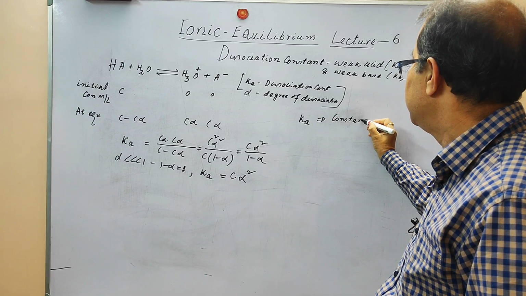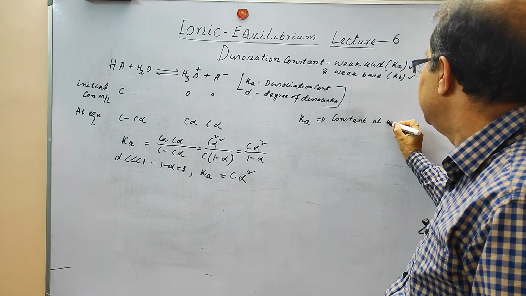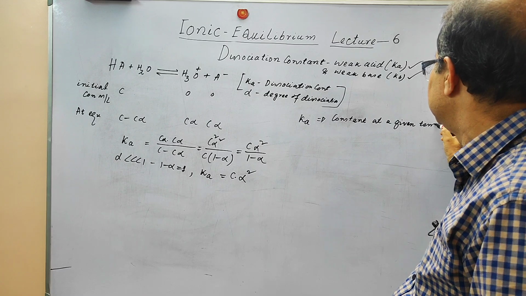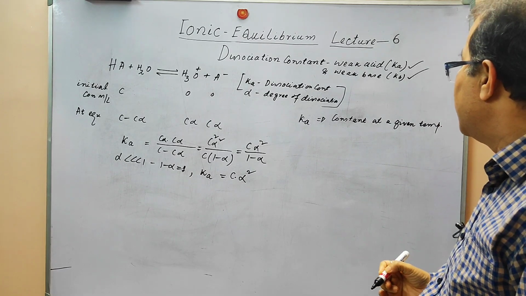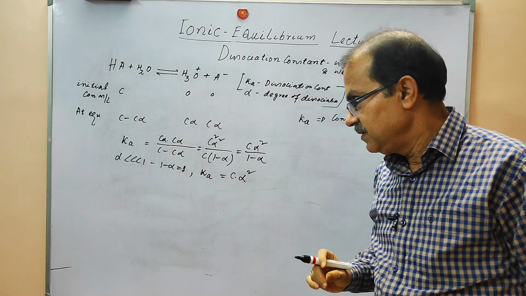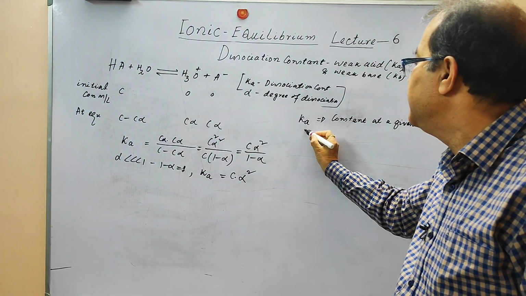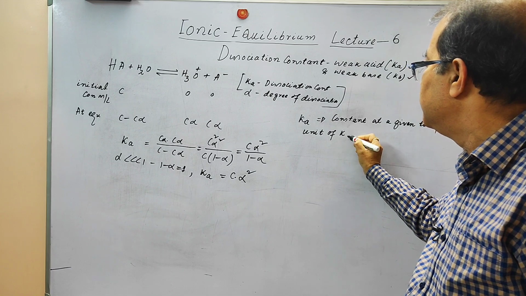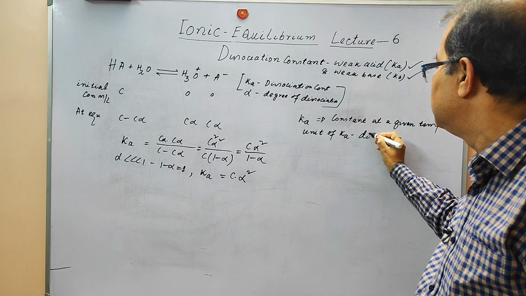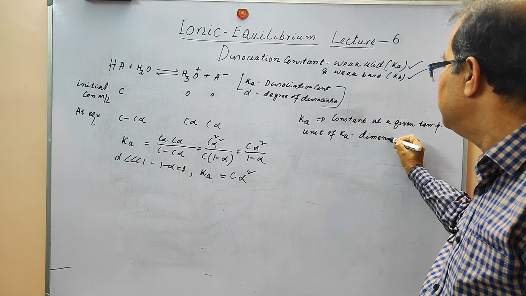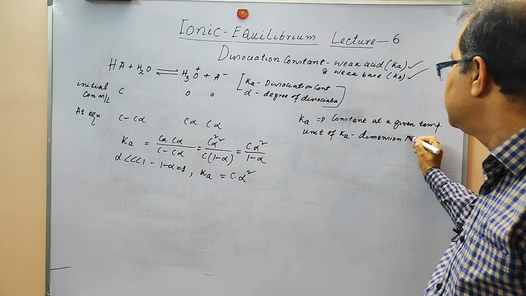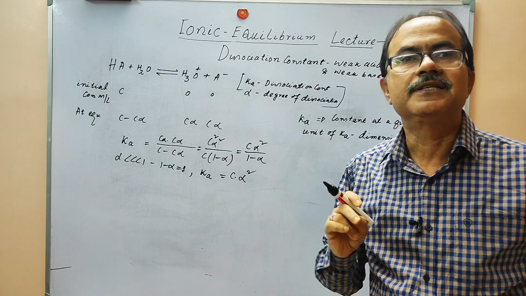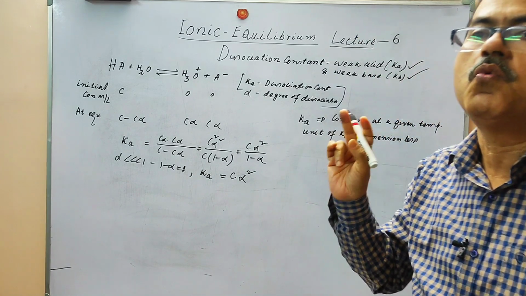It is a constant at a given temperature, right? And the unit of this K is dimensionless, in the sense that everything has been kept under a standard state of condition, that is 1 mole.